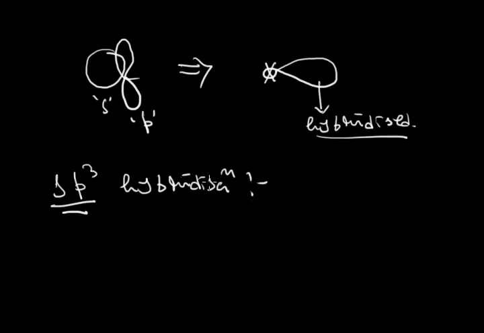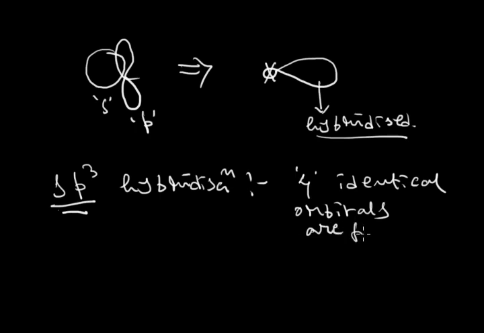It means one s orbital is hybridized or mixed with 3 p orbitals. As a result, 4 identical orbitals are formed.